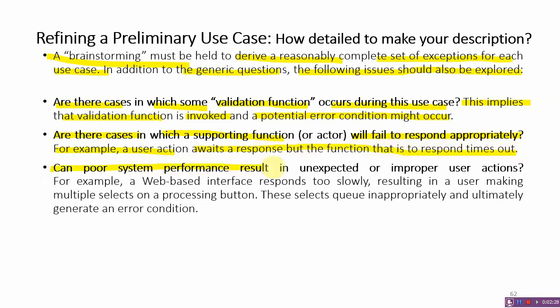Can poor system performance result in unexpected or improper user actions? For example, a web-based interface responds too slowly, resulting in a user making multiple selects on a processing button. These selects queue inappropriately and ultimately generate an error condition. So during the refining of a use case, we need to think in this perspective as well.